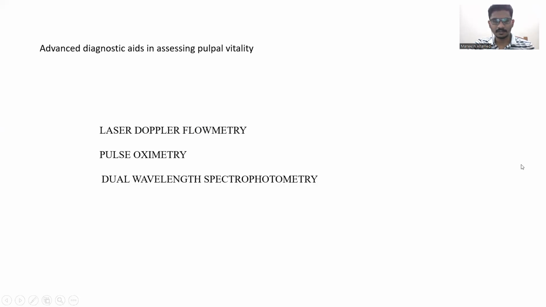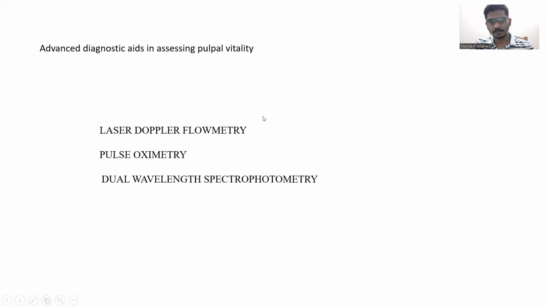So these are advanced diagnostic methods which are not available commercially as frequently as other methods. It is still under research, but most of these methods are proven to be very effective, especially in the case of trauma, where the pulpal vitality test can transiently produce false positive or negative effects.